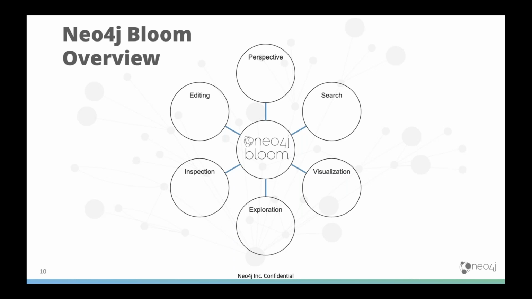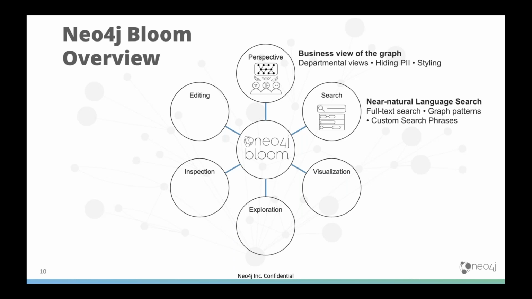What's different, in terms of what Neo4j Bloom provides that other tools haven't done as much, is this idea of a perspective. Neo4j Bloom is able to provide you different business views on the graph, departmental views, or views that require you to hide data from certain user types. And a new experience all built around search, a near natural language search.